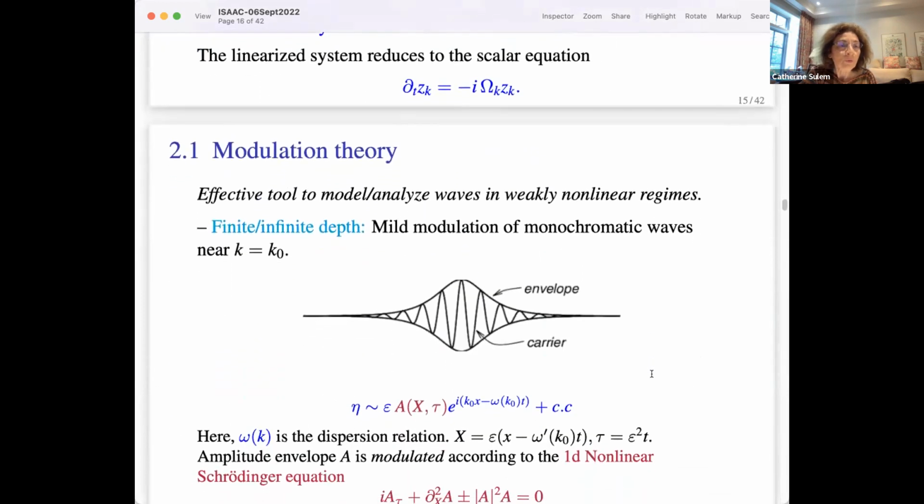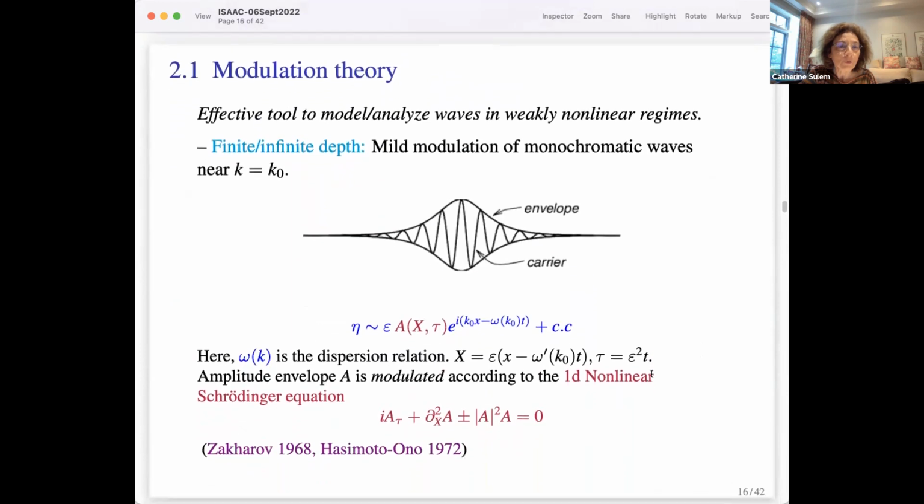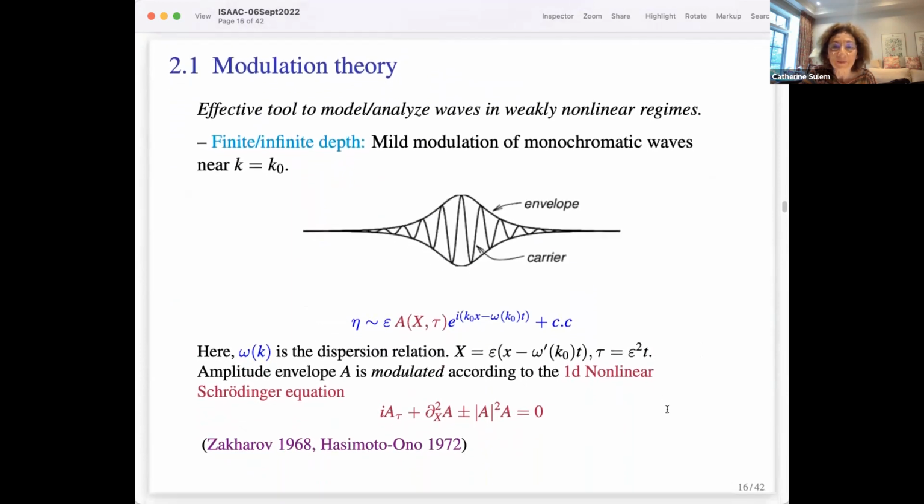And a few words about modulation theory, of course, a topic very well known by this audience, which is an effective tool to model and analyze waves in the weakly nonlinear regime. It consists in modulating monochromatic waves, or in other words, considering narrow band wave trains.